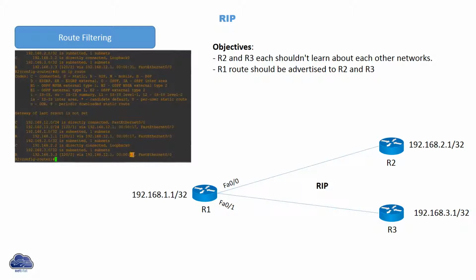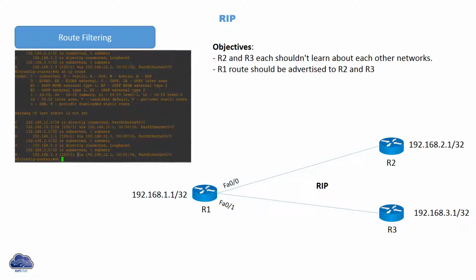If you notice here, it didn't receive any update regarding this route because R1 just suppressed the network 192.168.3.3 update using the distribute list, but it will keep it for 240 seconds, which is the flush timer.